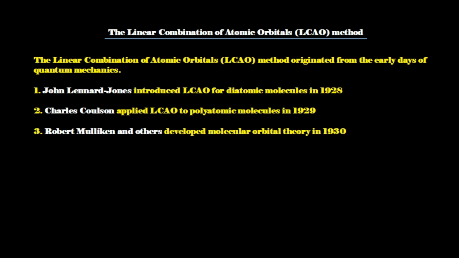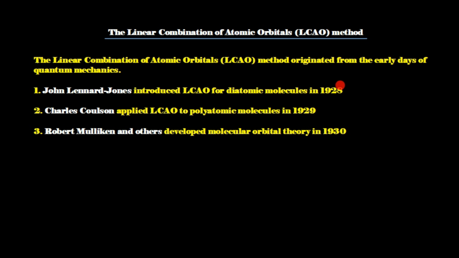Based on this concept, Charles Coulson applied the LCAO, linear combination of atomic orbitals method, to polyatomic molecules in 1929. And after that, Robert Mulliken, along with other scientists, developed the molecular orbital theory in the 1930s.